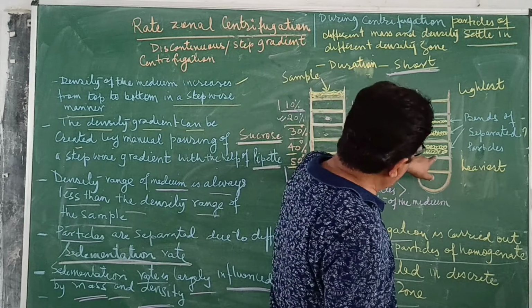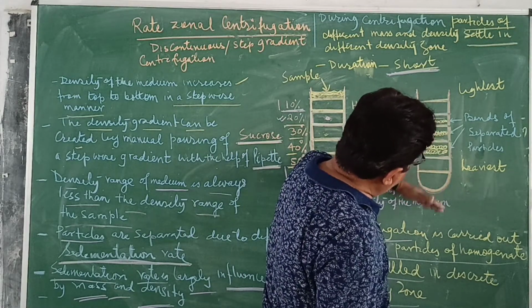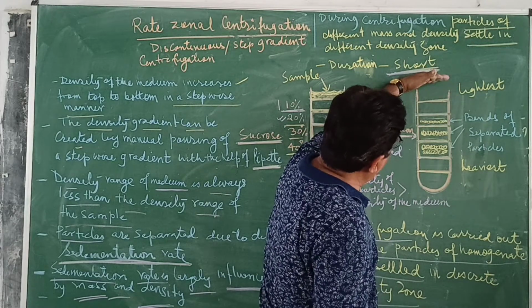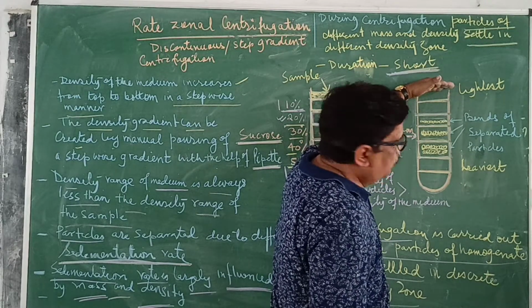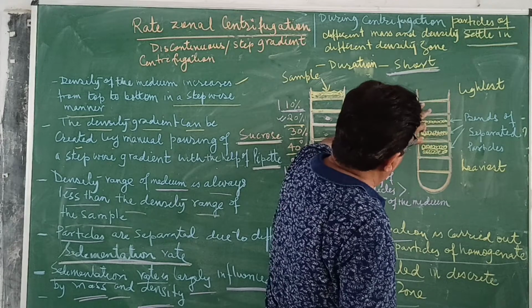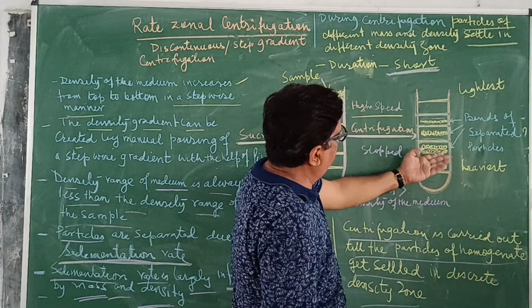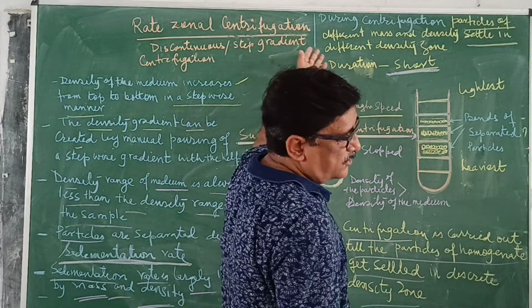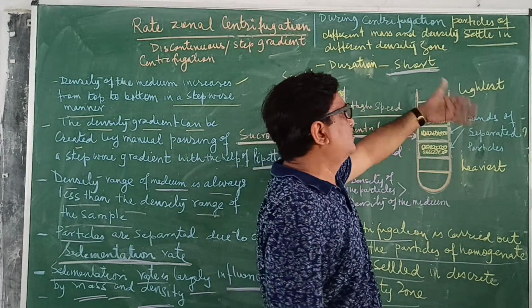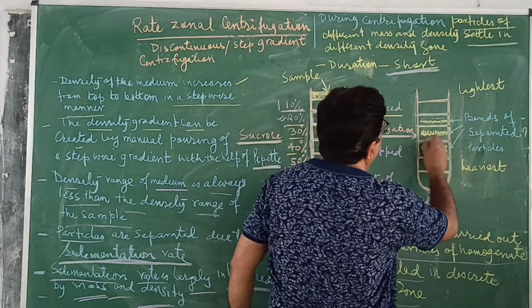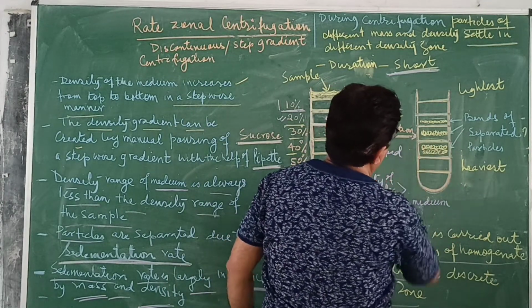The heaviest particle will settle towards the bottom, the lightest towards the top of the test tube, and the intermediate ones in between. There may be more than three bands, even four, depending upon how many types of particles or proteins are present. Once these bands are formed, centrifugation is stopped.